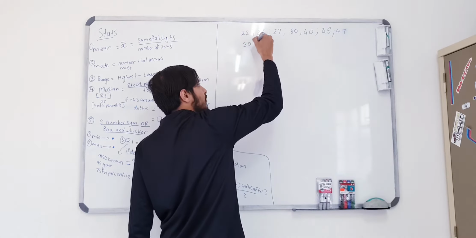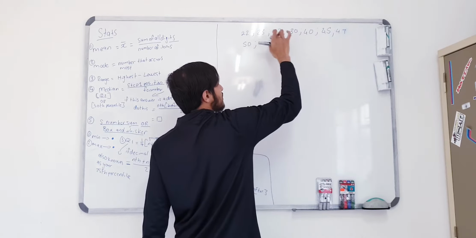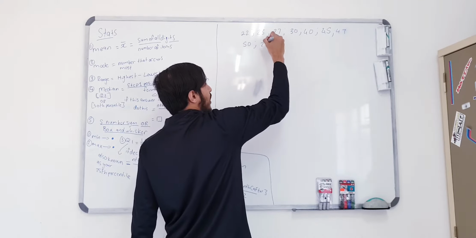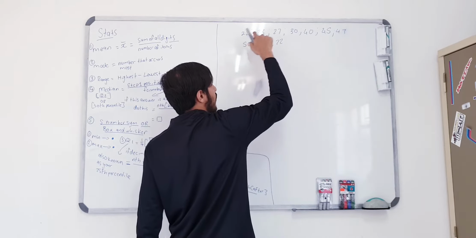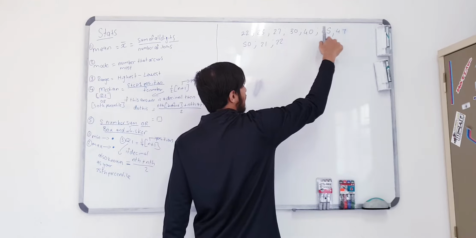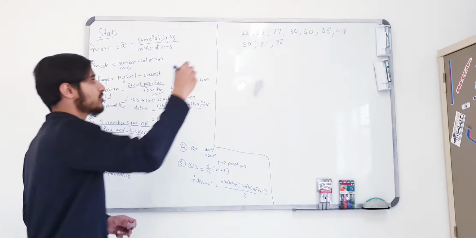Let's say one student got 50 out of 50, then 21, and 22 again. That's 10. So these are my 10 students.